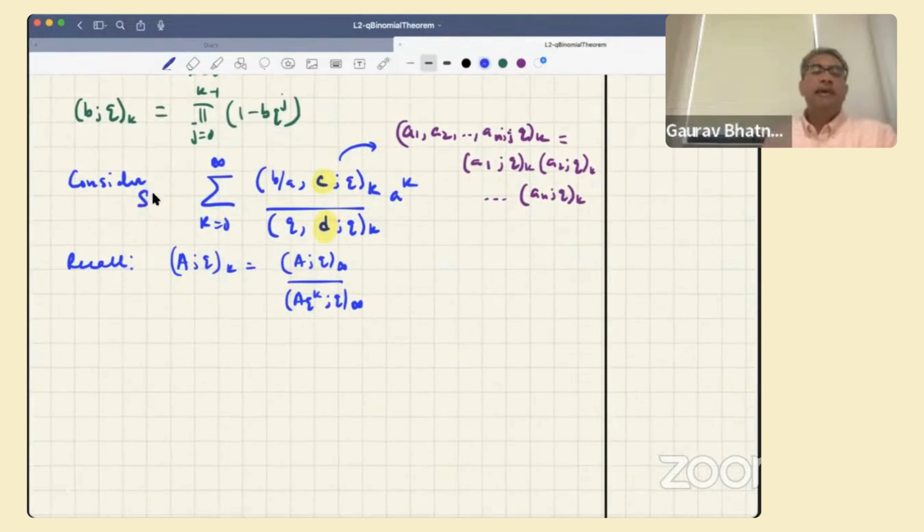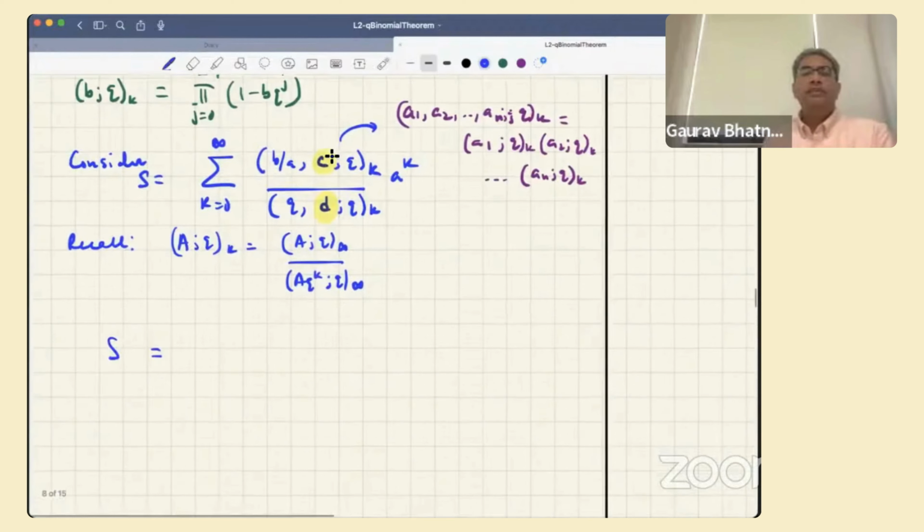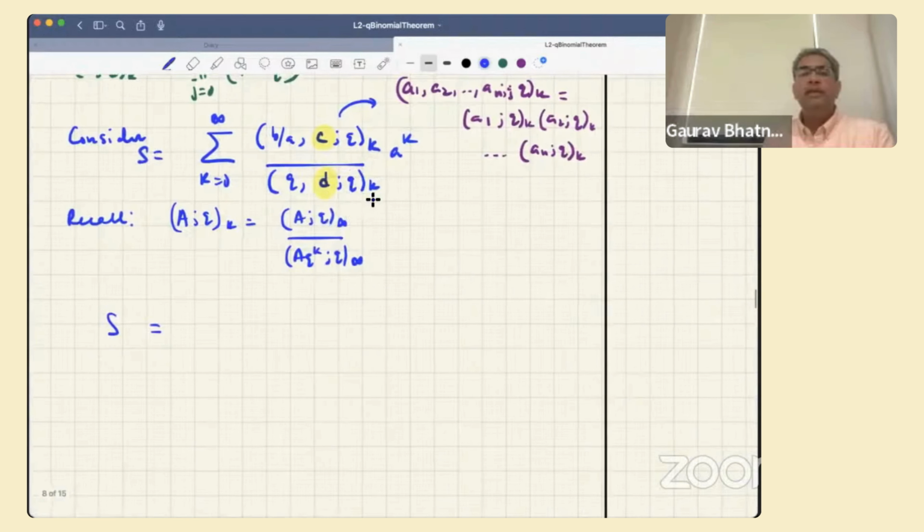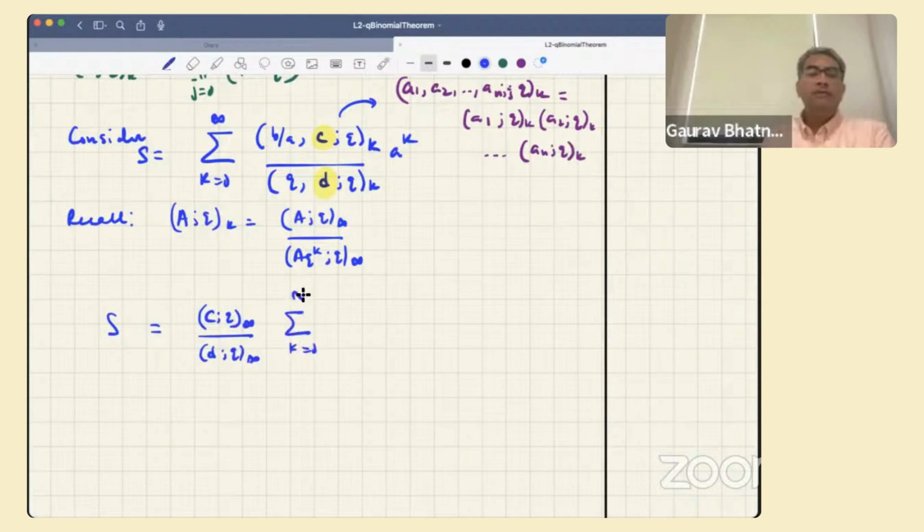So this sum S we apply this on these new terms, (c;q)_k and (d;q)_k, and we will get (c;q) infinity over (d;q) infinity, summation k going from 0 to infinity, (b over a;q)_k, and then the bottom one will give you this.